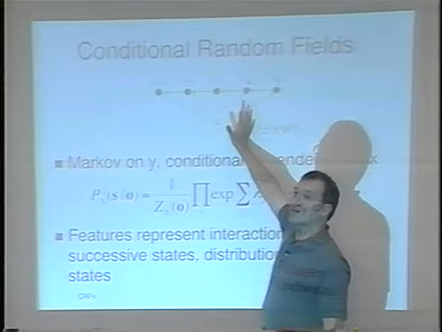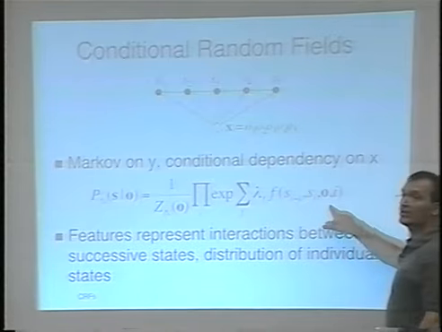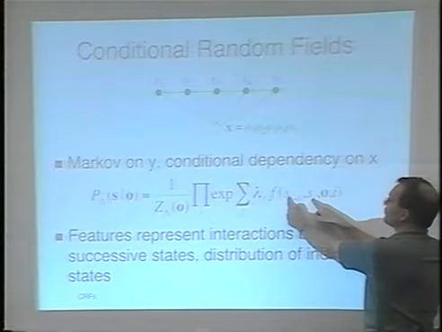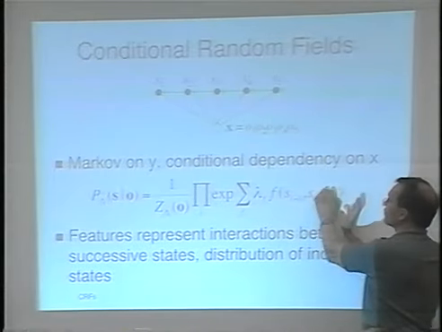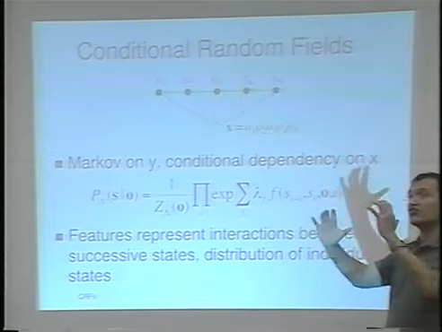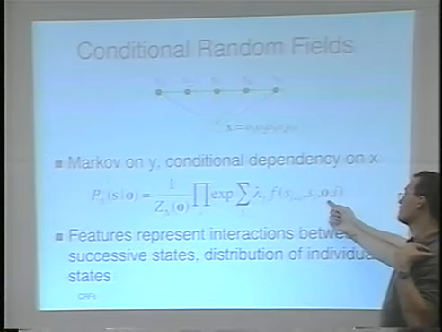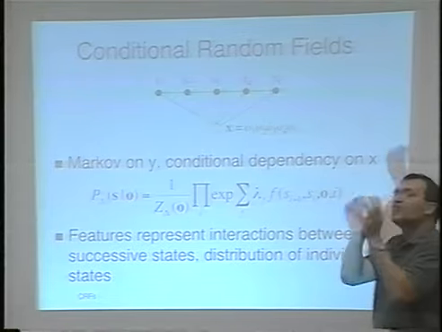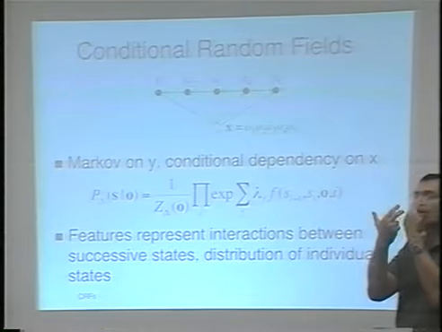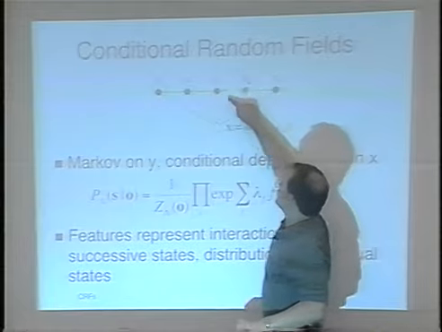That's all. These terms would depend on two successive states and some part of the observation, and they would be different at different positions. The example I gave you is a very particular case where there are only two kinds of hyperedges, like this and like that.